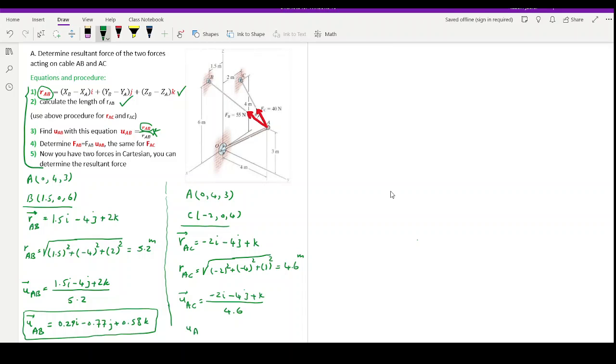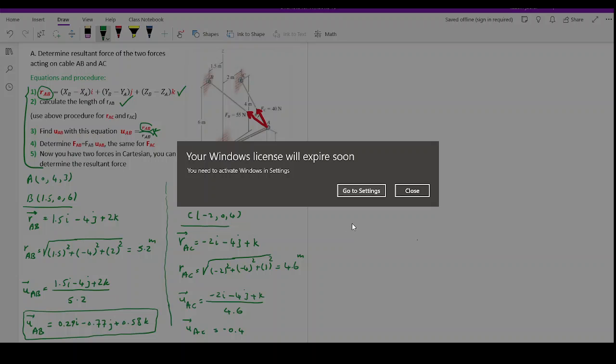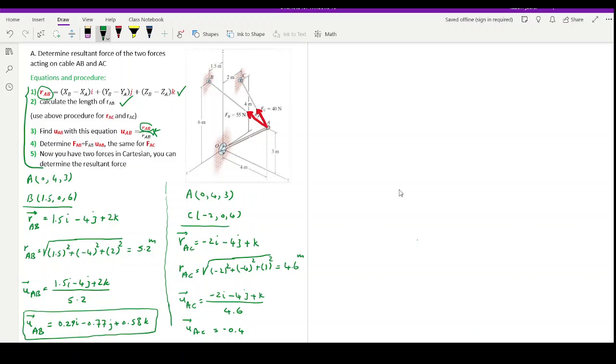Again, when you divide it, it's going to be negative 0.43 i, negative 0.87 j, and plus 0.22 k. So this is my uAC. Now step 3 also is done.